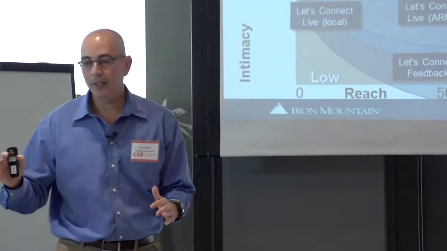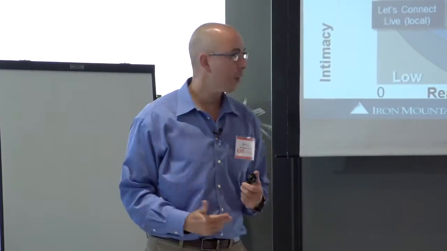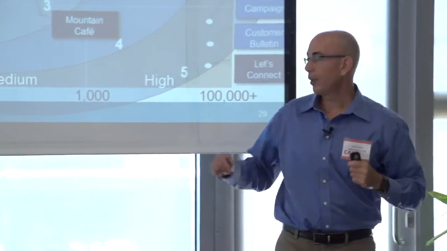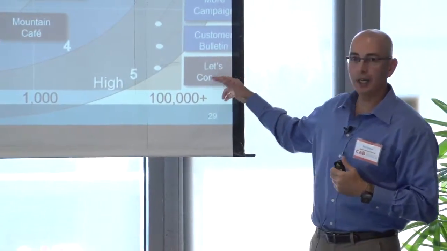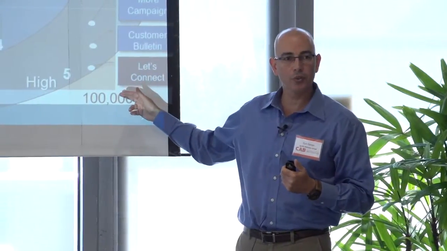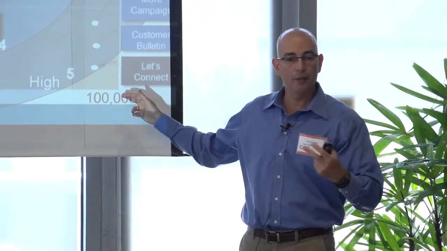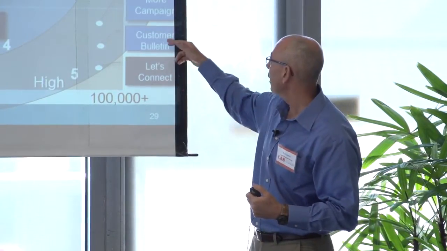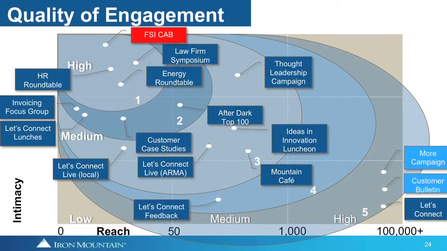So this is taking a holistic look at everything that you do around customer marketing. And then you map it according to the number of contacts that you reach. In Let's Connect, it's a web portal where customers can log in their feedback or suggestions for improvement or product improvement, customer bulletins, all kinds of campaigns.